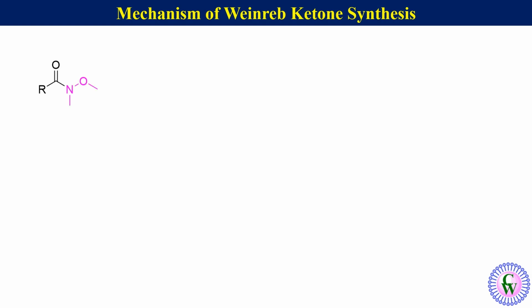Weinreb amide has an electrophilic carbonyl carbon and organolithium is a nucleophile. So, addition of R prime to the carbonyl carbon of Weinreb amide gives this tetrahedral intermediate, which is stabilized by chelation between lithium metal and methoxy oxygen.